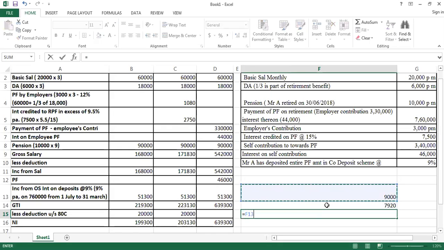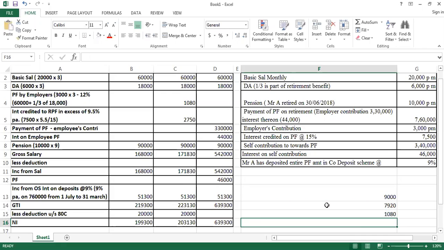Now if you subtract, he has received 9,000, but he is exempted from paying tax only to the tune of 7,920. The balance amount of 1080 is going to be taxable. That is what it says. Yes, sir, I understood. Thank you.